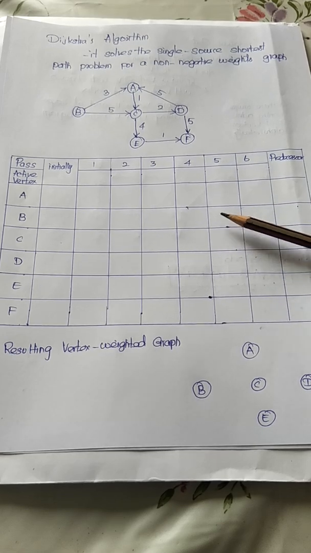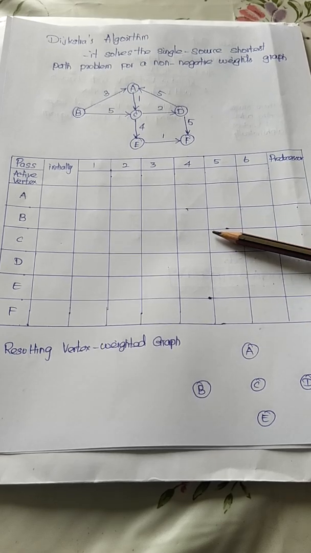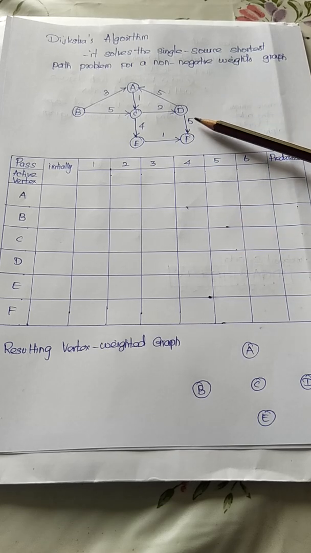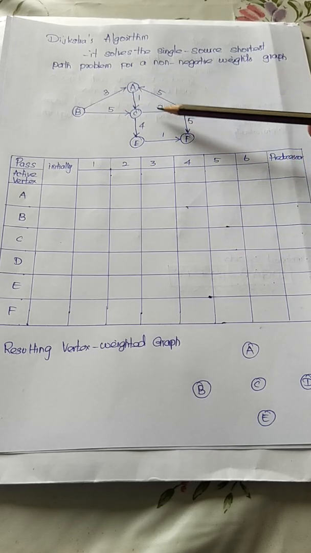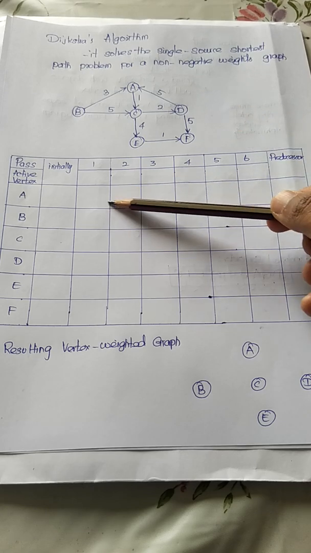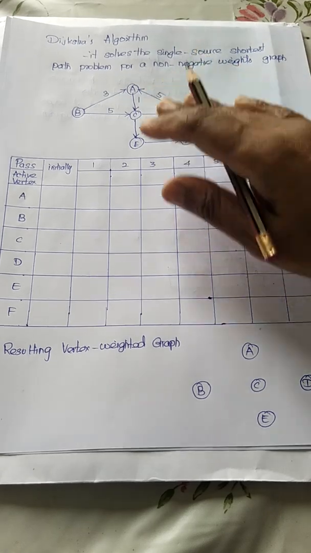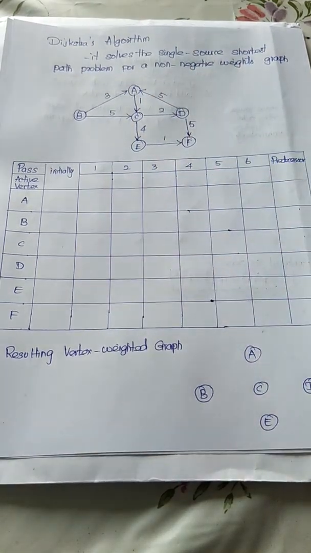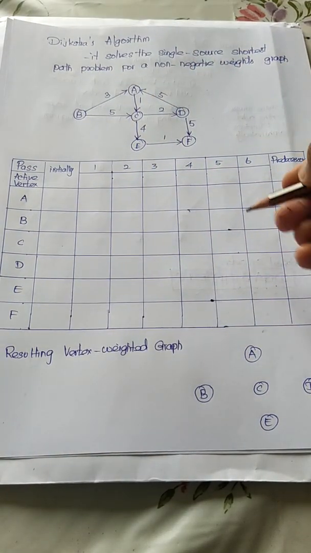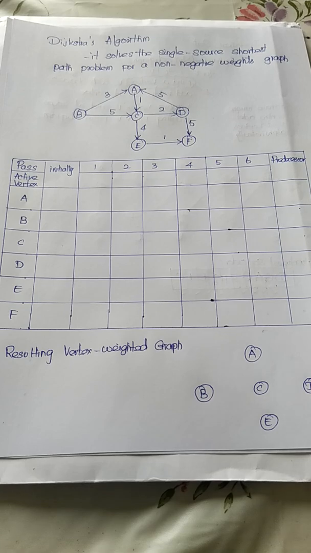You are going to trace the graph using Dijkstra's algorithm, fill in the table and figure out the resulting path. So remember, the graph with the empty table will be given in the exams. You are just going to fill in the table only.